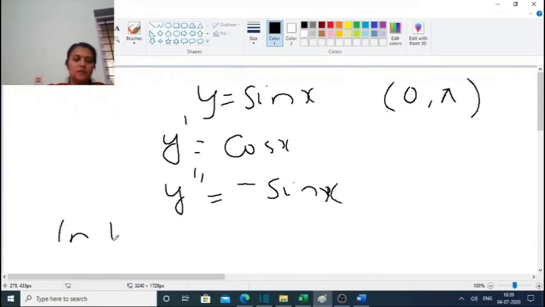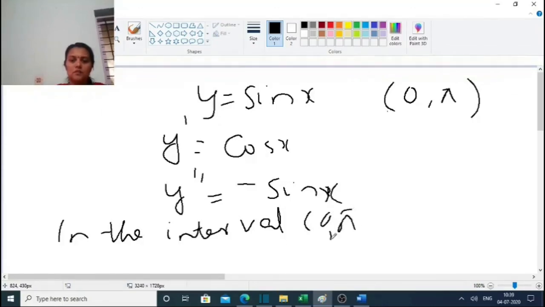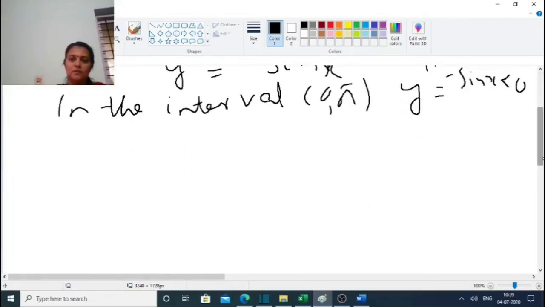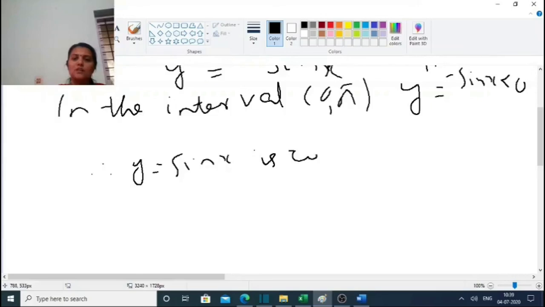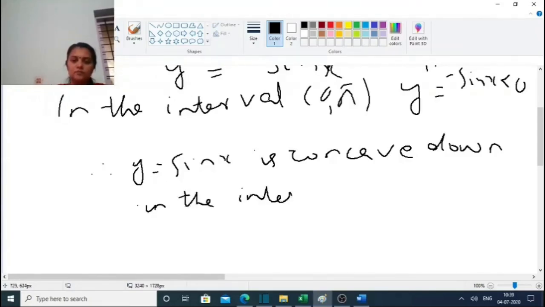In the interval 0 to pi, y double dash is equal to minus sin x, which is less than 0. Therefore, y equal to sin x is concave down in the interval 0 to pi.